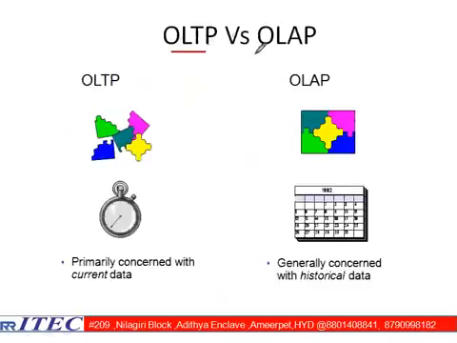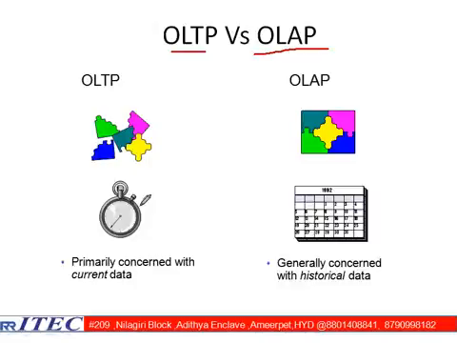Something symbolically I am trying to provide here. What is OLTP and what is OLAP? OLTP is like our watch. We can see immediately what the time is now. If I want to understand, let us say on February 15th, what was the day? Was it a Monday, Tuesday or Wednesday, or something extra, like whether it was a working day?